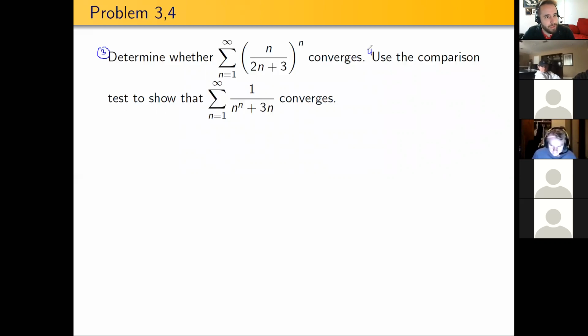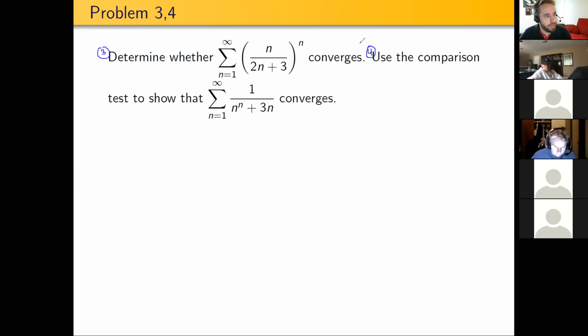This is problem 4 right here. So let's jump to problem 3. I'm rereading problem 4 right now, and it seems a little odd. Let's take a look at problem 3 though, absolutely.